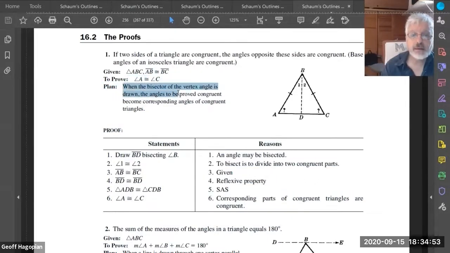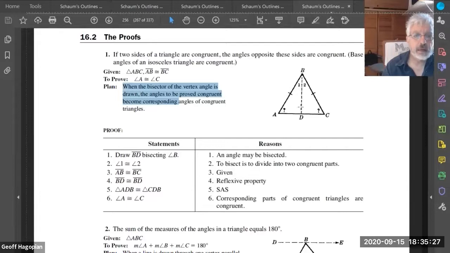In any case, we'd like to prove that angle A equals angle C. What's the plan? Here's the plan. When the bisector of the vertex is drawn, the angles to be proved congruent become corresponding angles of congruent triangles. Is that true? So if we draw BD, which makes angle 1 equal to angle 2, then we have side angle side, right?